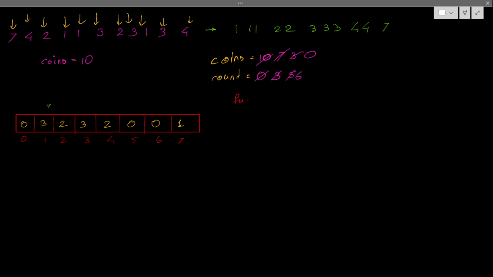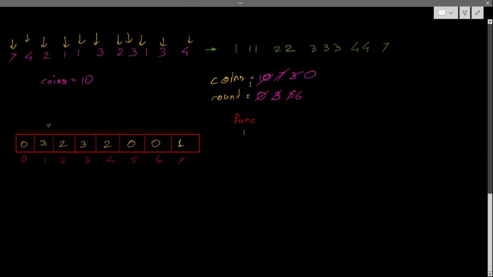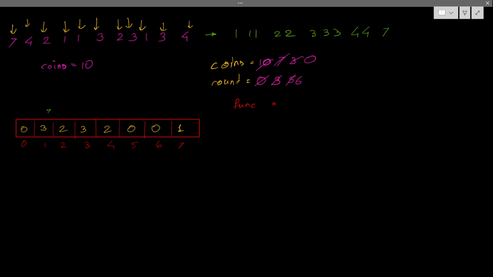So let's say function maximum ice cream, I guess that's the name I have given. Costs are given and coins are given. I need counting sort, so for this I need the maximum item of my given array.